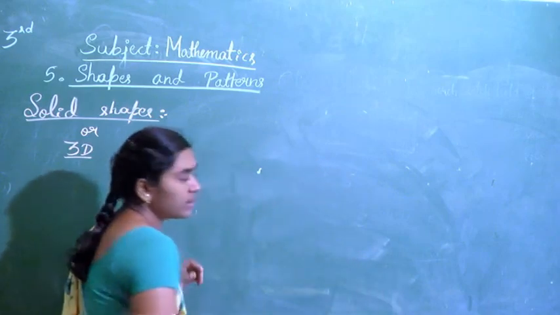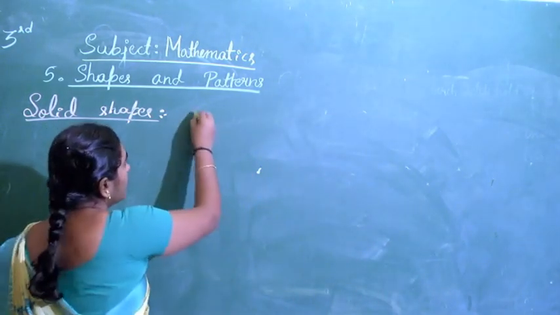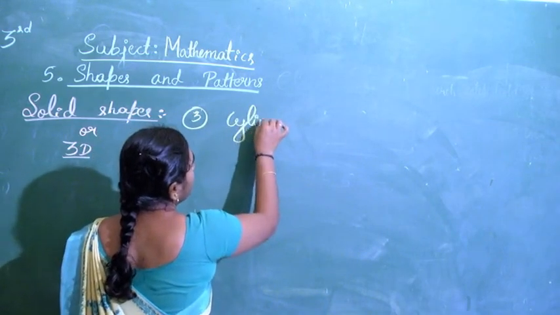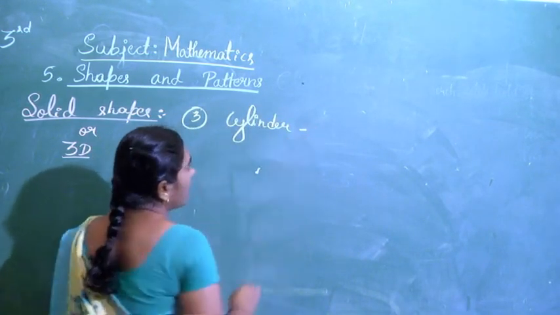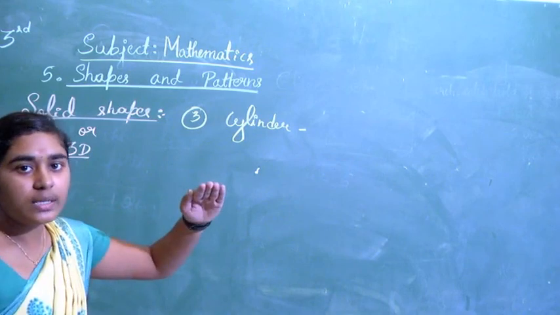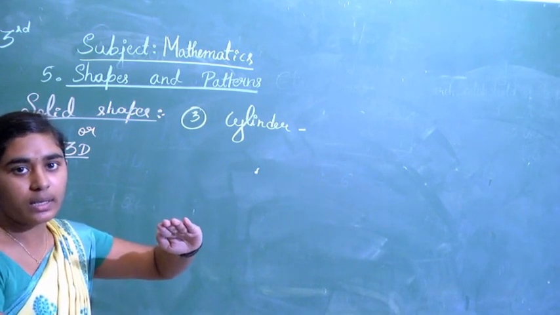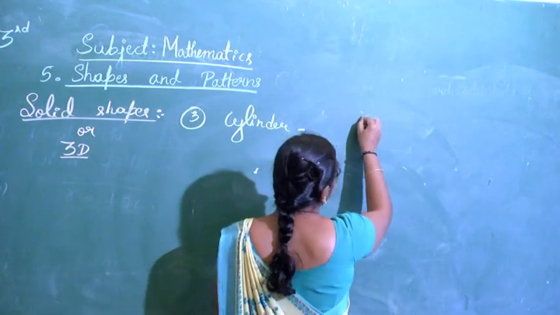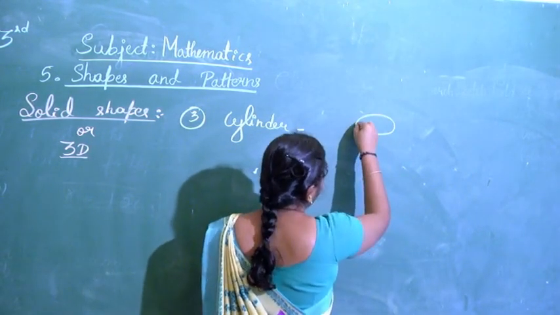Now let's see how the cylinder comes. So a cylinder has one circle on top, one circle at the bottom, and is covered by another sheet, like your bottle.